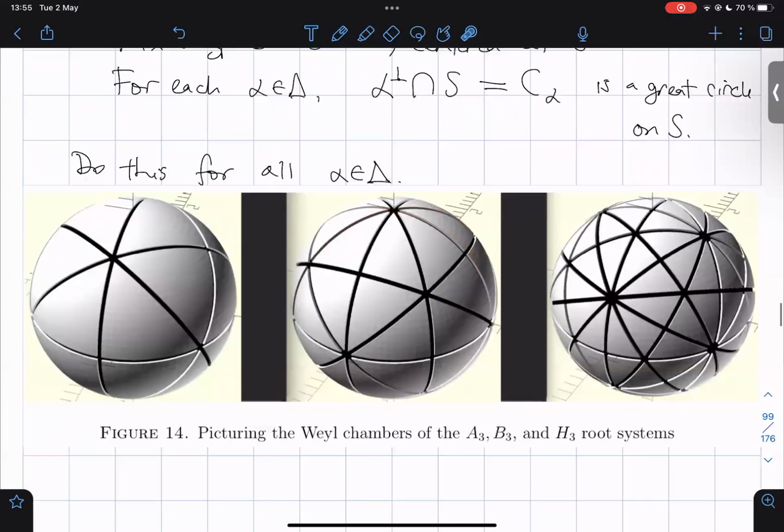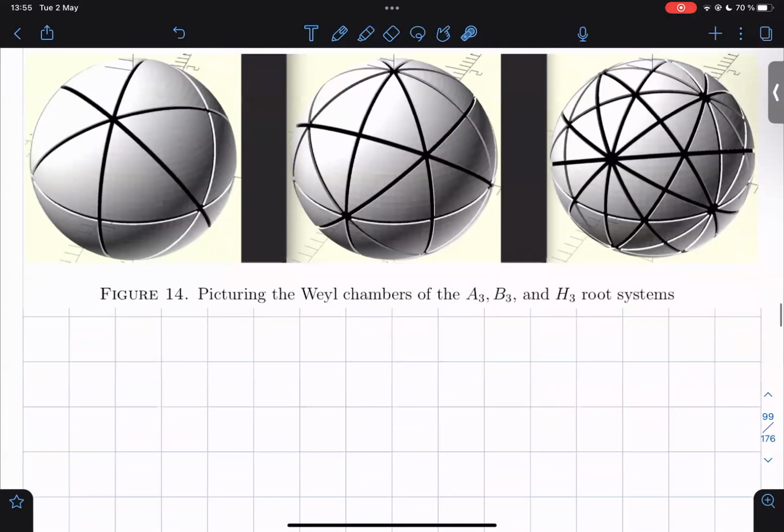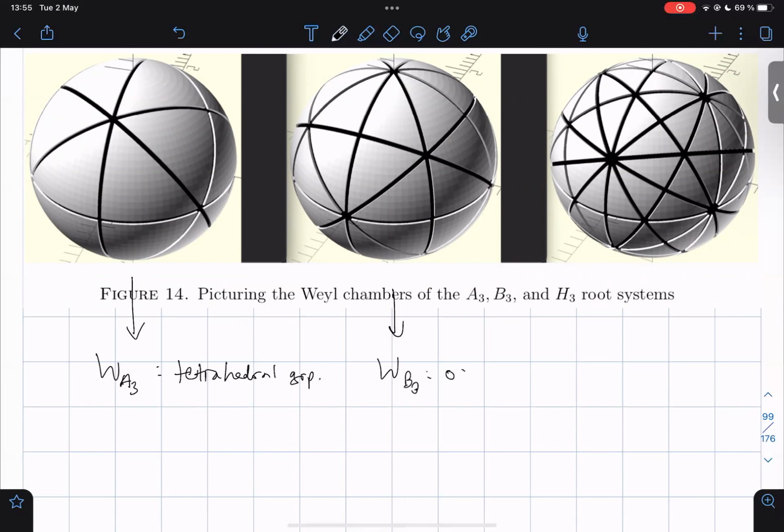So the Weyl group of A3 is called the tetrahedral group. The Weyl group of B3 is called the octahedral group.